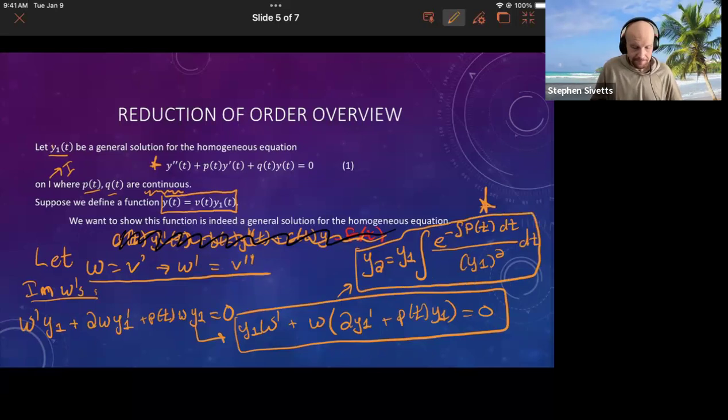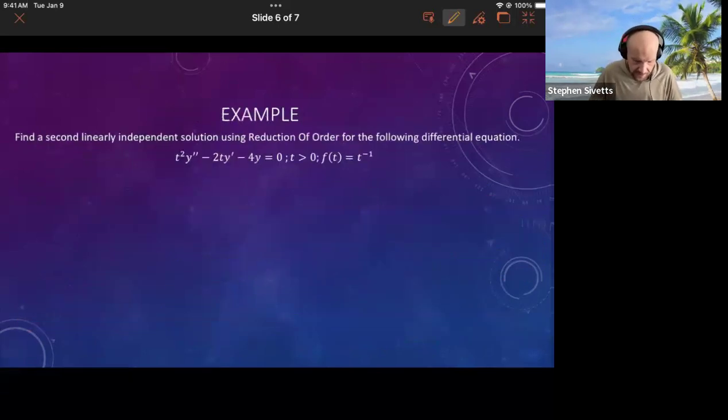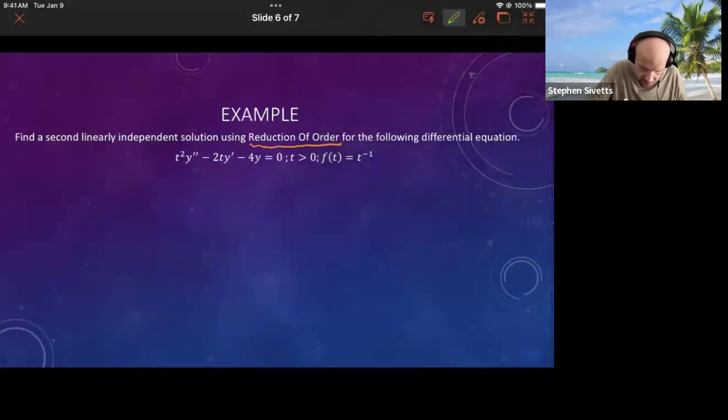So let's look at this example. We want to figure out a second linearly independent solution using the reduction of order method for this differential equation. t is positive, and this is actually what y1 of t is.